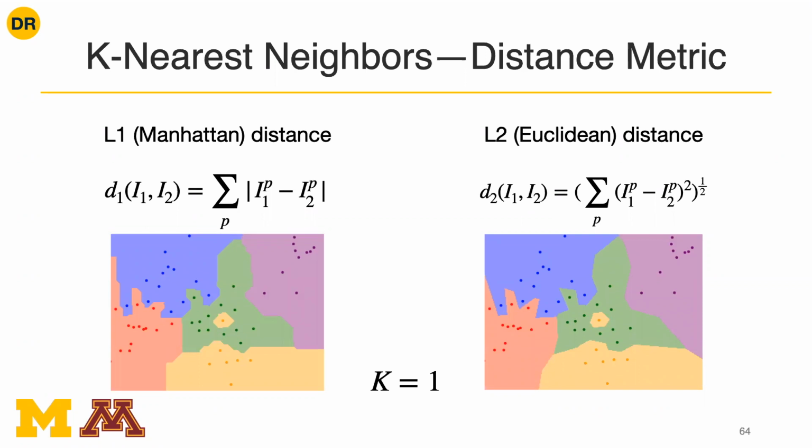Whereas if you look at L1, your decision boundaries are basically a combination of straight lines, vertical and horizontal lines, and then you have angled locations in certain scenarios. So what I'm trying to say is, depending on the distance function, you can have different characteristics to your decision boundary.